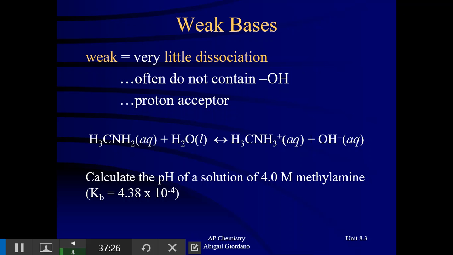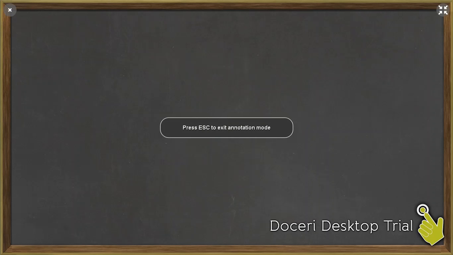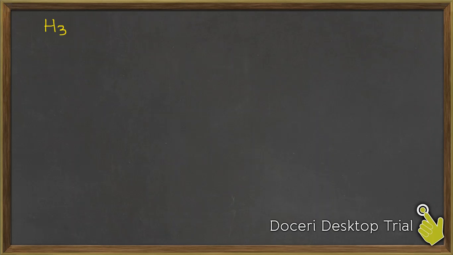It's very similar to the process that we have been doing, just slightly different. So the first thing I'm going to do is just rewrite that reaction. That's called methylamine.